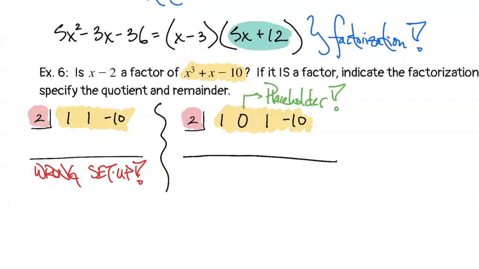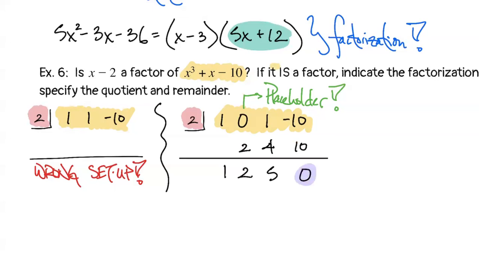Now that we have it, we can go right through that same process of synthetic division. Okay, so we're going to drop the 1. 2 times 1 gives me 2. 0 plus 2 gives me 2. 2 times 2 is 4. 1 plus 4 is 5. 2 times 5 is 10. Negative 10 plus 10 is 0. I believe we have answered the first question.